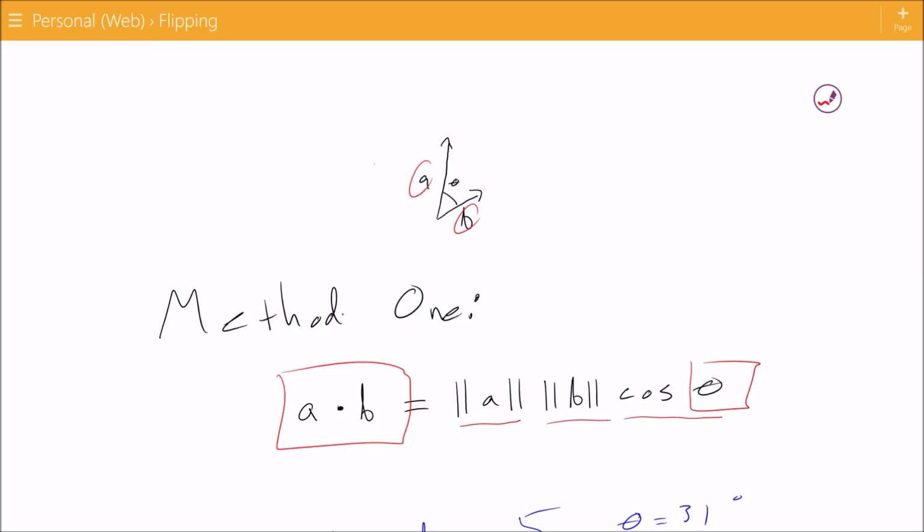And we're going to see how this can help us figure out what the angle is between two vectors. It's really very powerful.